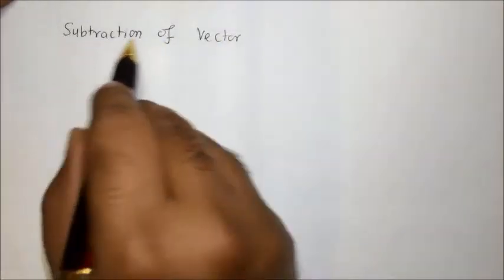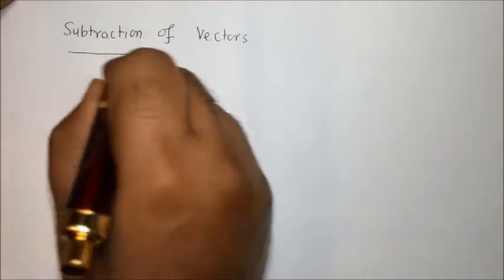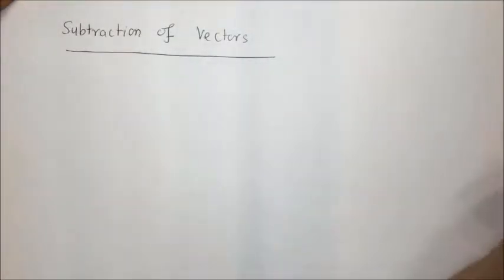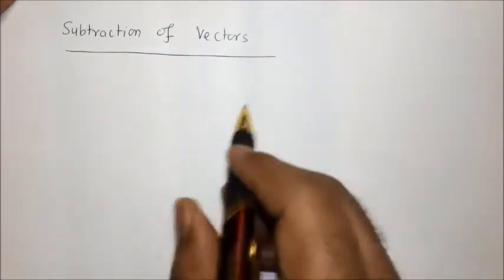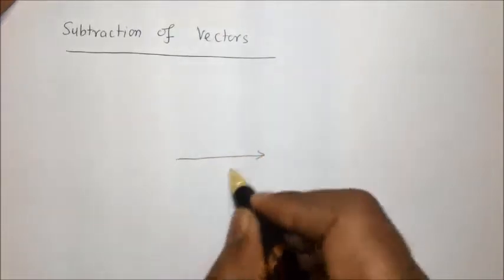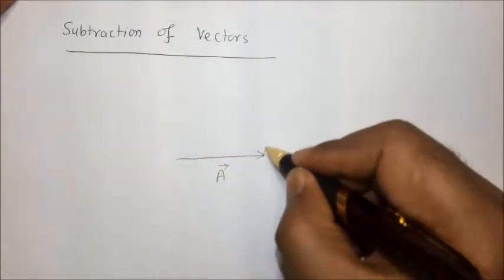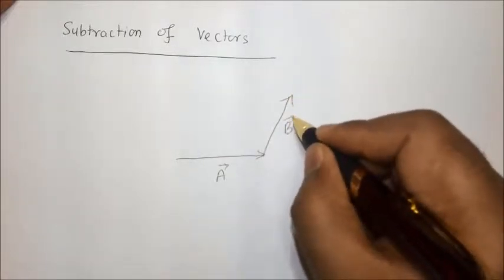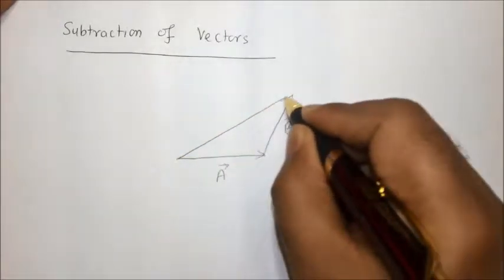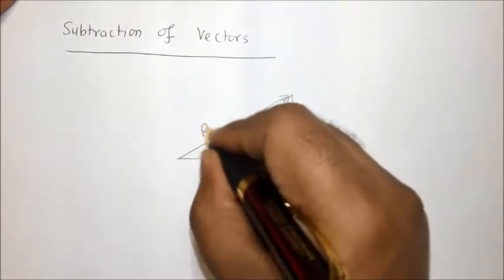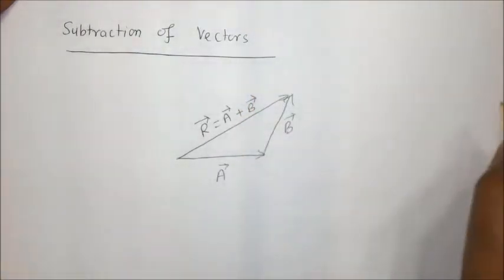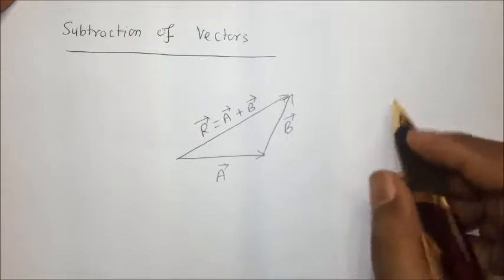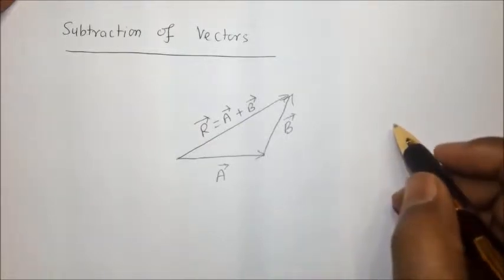Now earlier I discussed addition of vectors. So how about subtraction of vectors? How can we do this? If you have vector A and you have vector B, then you know that A plus B is going to be this vector. This is vector R is equal to vector A plus vector B. Now if I need to find vector A minus vector B, what do I need to do?